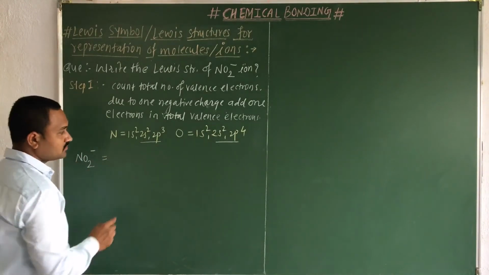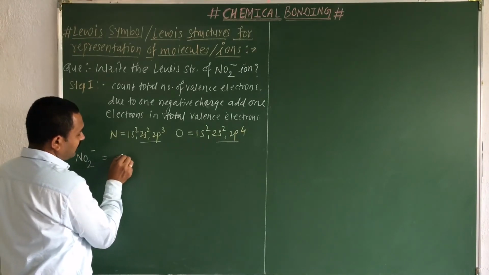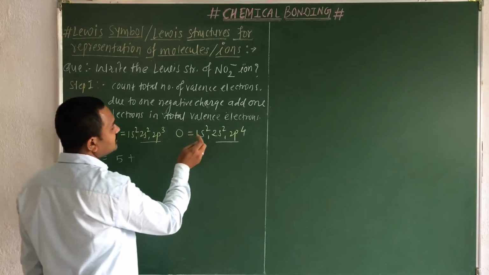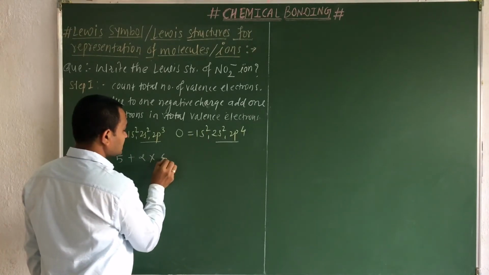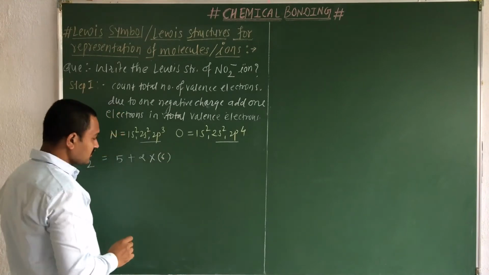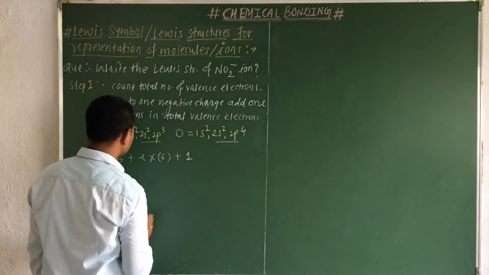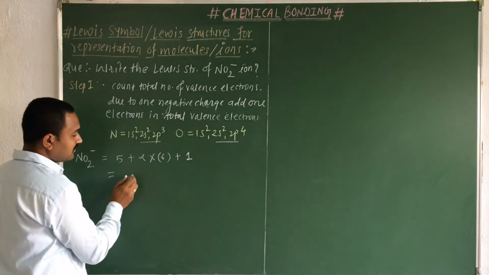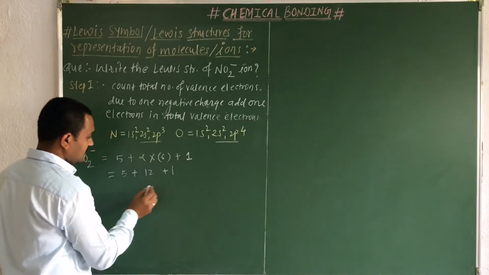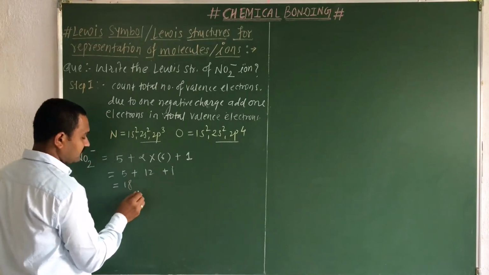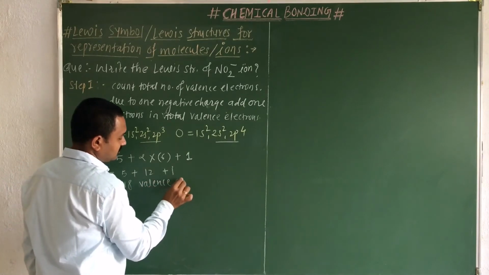That will be equal to 5 for the nitrogen atom, plus, as there are 2 oxygen atoms, 2 into 6 valence electrons, plus 1 additional for that negative charge. So the total will be 5 plus 12 plus 1, which equals 18 valence electrons.